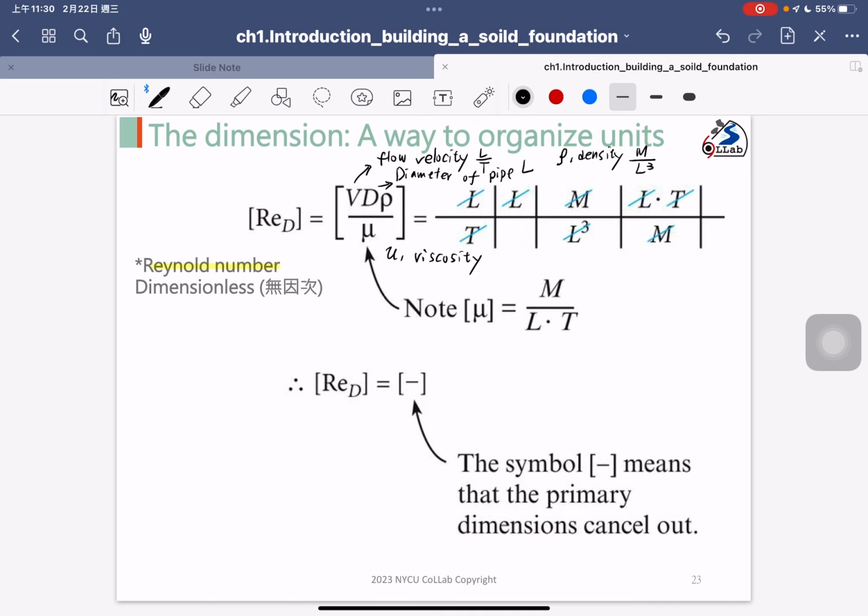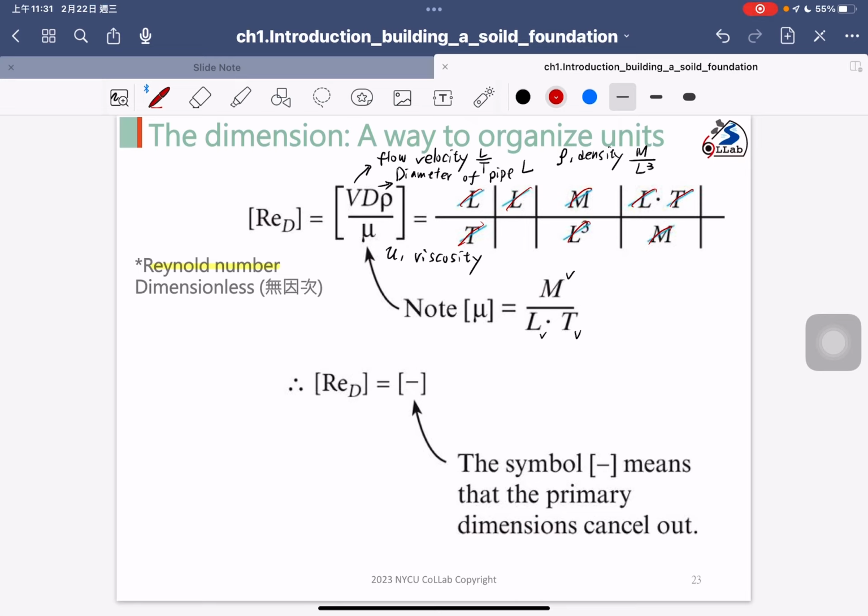But right now you don't know the definition of viscosity, so I directly tell you the dimension here is M divided by L and T. So if you put all of the dimensions back into the equation for the Reynolds number, you can cancel out all the dimensions here. So that's a number we call dimensionless. A dimensionless number has no dimension inside the parameters.